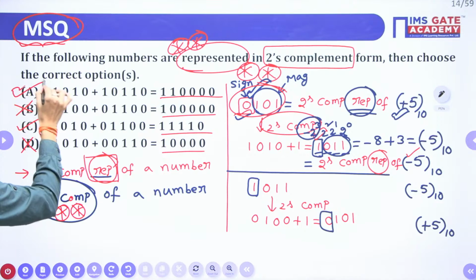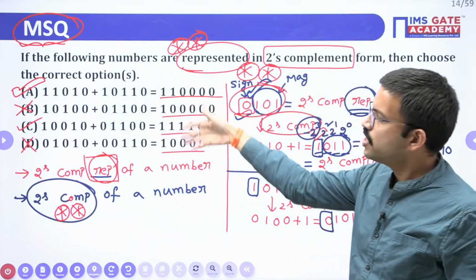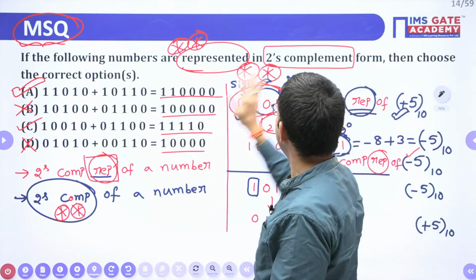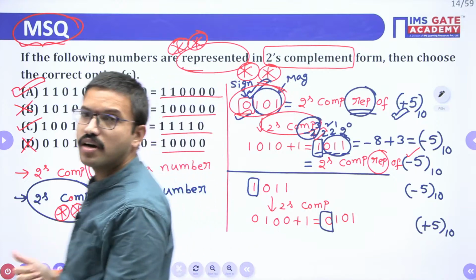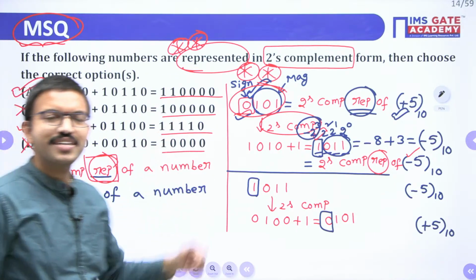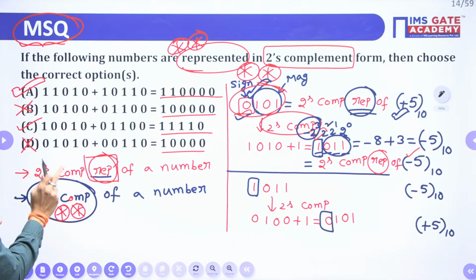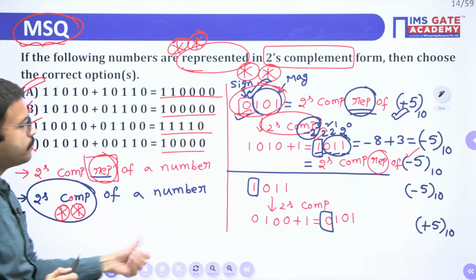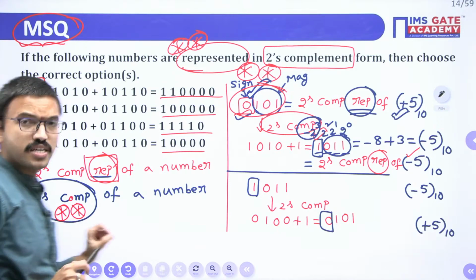When you consider all the numbers as unsigned, obviously all 4 choices are correct. But since they have mentioned all these numbers are represented in 2's complement form, you have to carefully observe whether the final answer you are getting is really correct or not. After understanding the difference between 2's complement representation and the 2's complement of a number, we are able to eliminate two options, B and D. Only option A and option C are correct.